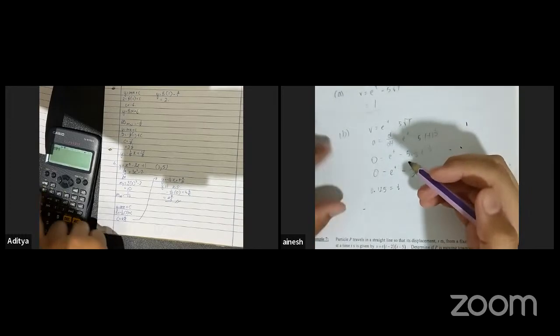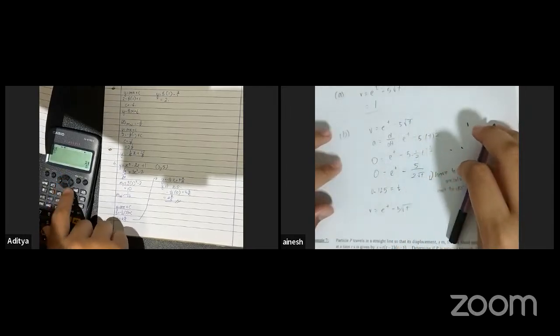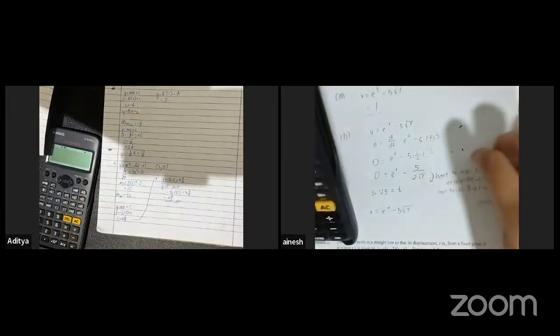Okay, Aditya, checking answer. Let's see where you can find your mistake. So far, I've been finding your mistake, but it's nice if you can find yours. It's wrong.